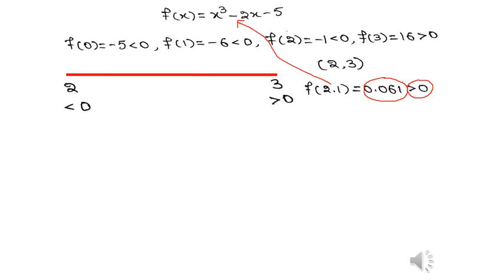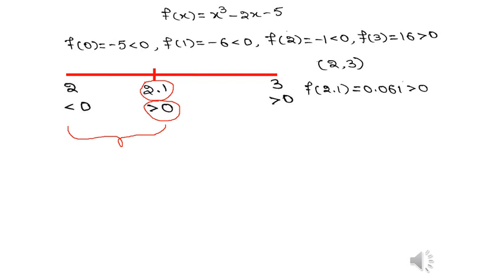Now let us locate this 2.1 on this line. Yes, 2.1 here we have written, in between 2 and 3, and the function value at this point is greater than 0. So our range should have the opposite values.